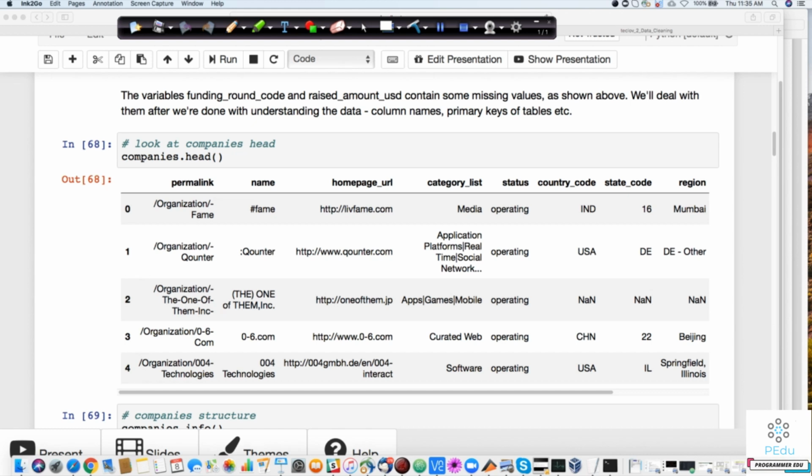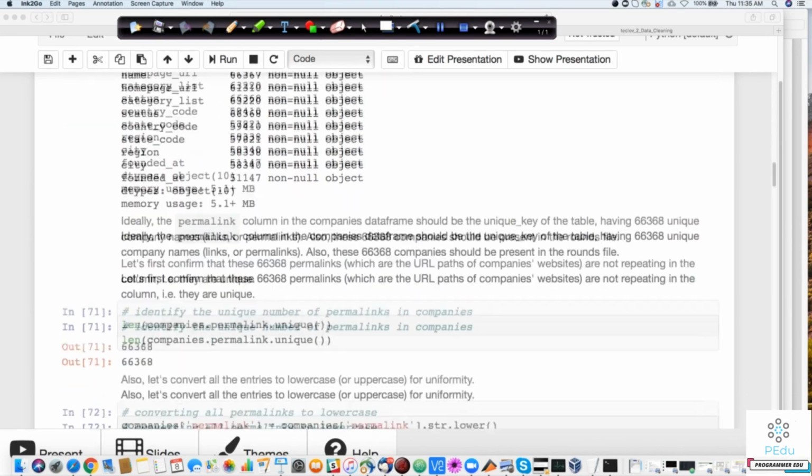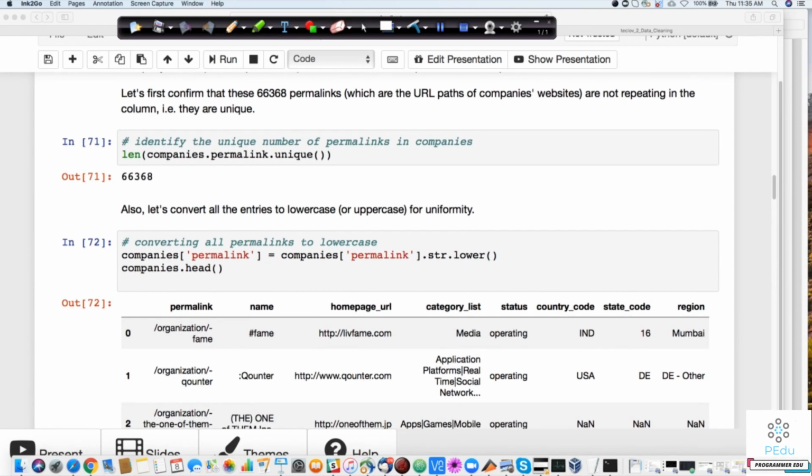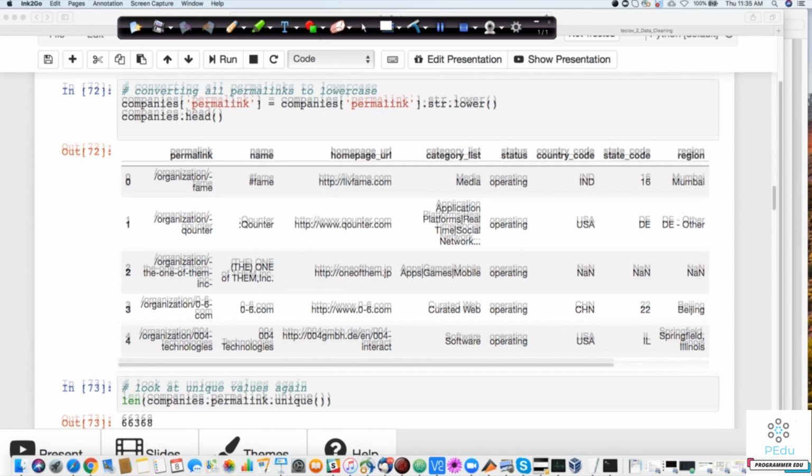Maybe this is written as capital O here, and in some other place it is written as small o. So we need to bring everything to lowercase so that things become normal. Now you can notice that everything is lowercase.